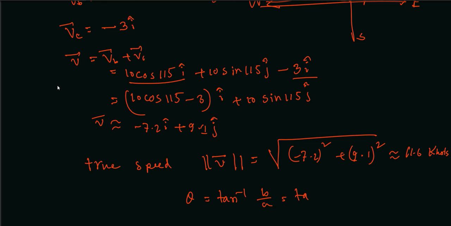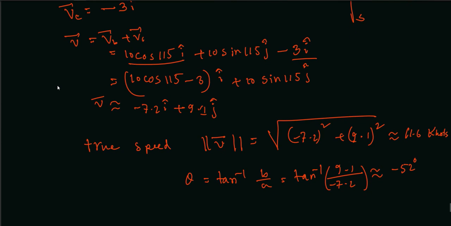And the direction theta equals tan inverse of b over a, which equals tan inverse of 9.1 over negative 7.2, which should be approximately equal to negative 52 degrees. But we want a positive angle, so we should write theta equals 128 degrees.